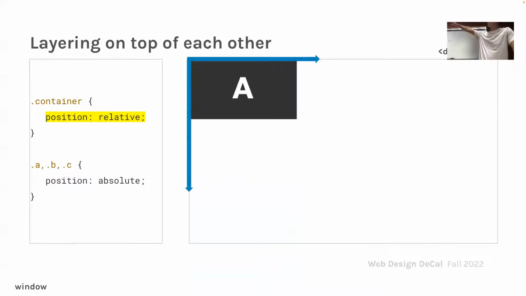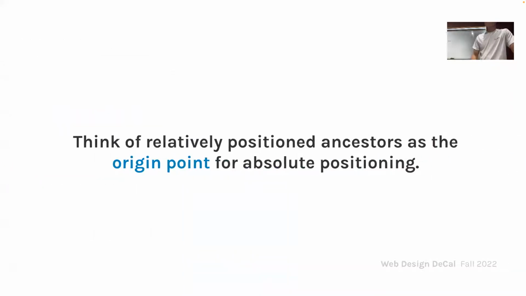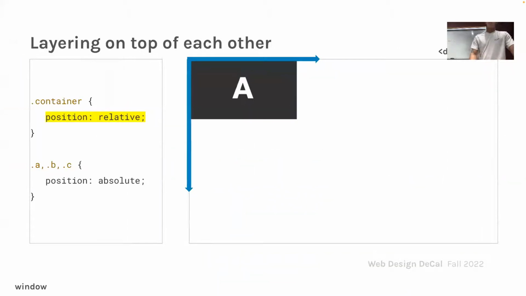And think of the blue line here as the origin of where you're positioning relative to. In this example, with position absolute, I guess the default is 0 pixels and 0 pixels. So since they're all absolutely positioned, it'll put all of them right at the upper left corner.